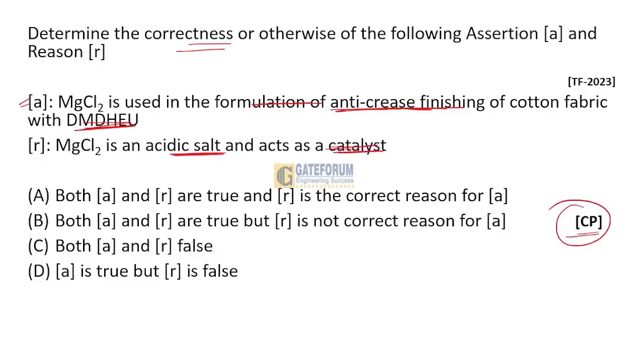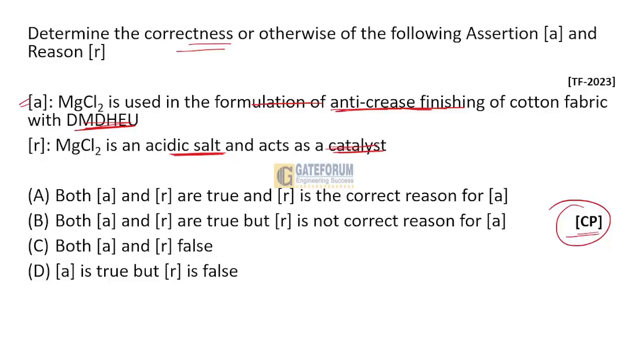You have to remember the cross-linking agents that are used in the anti-crease finishing of cotton fabrics, and DMDHEU is a very famous agent used in anti-creasing of cotton fabric.